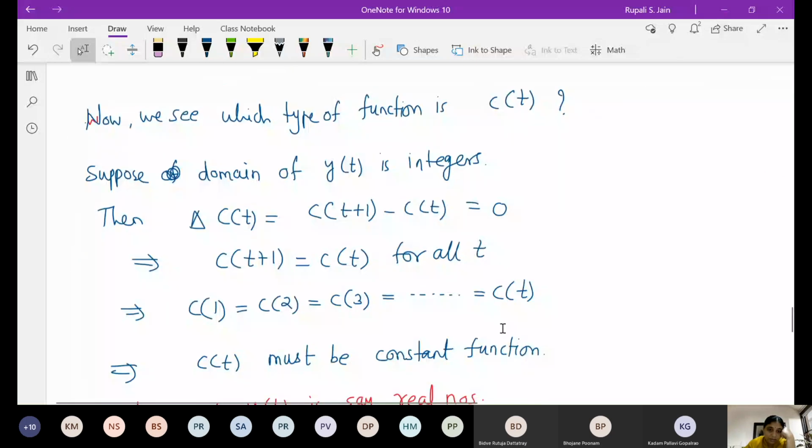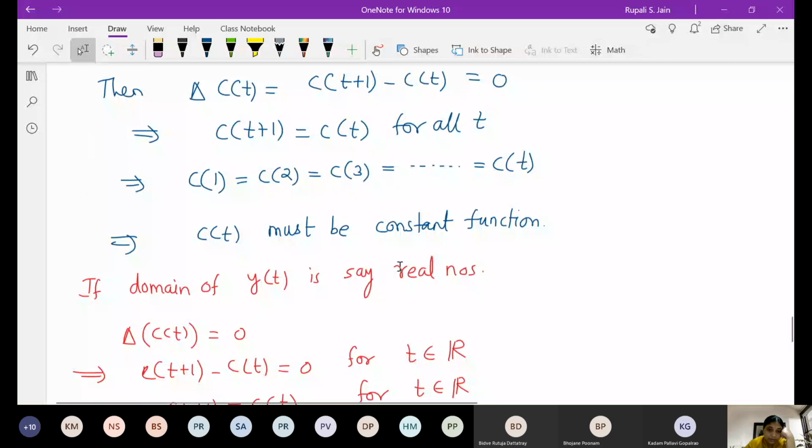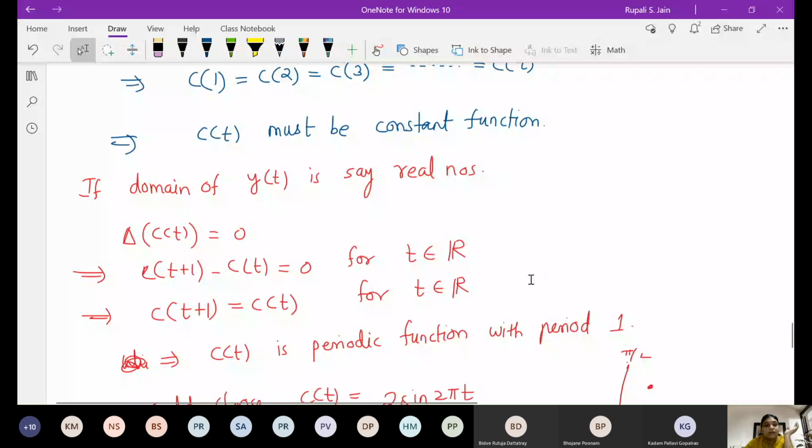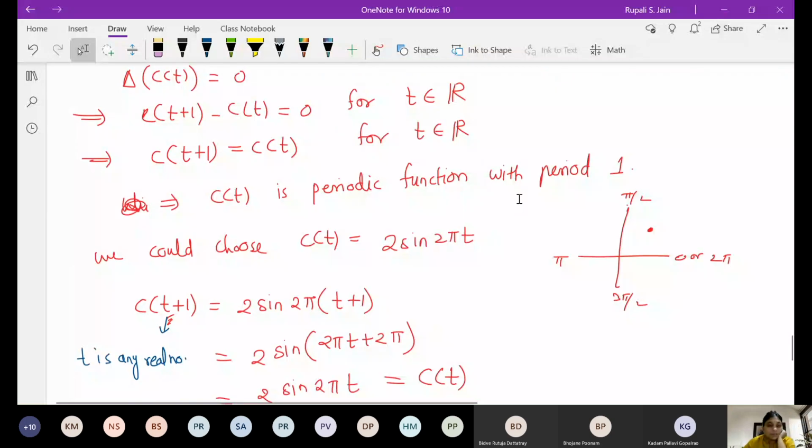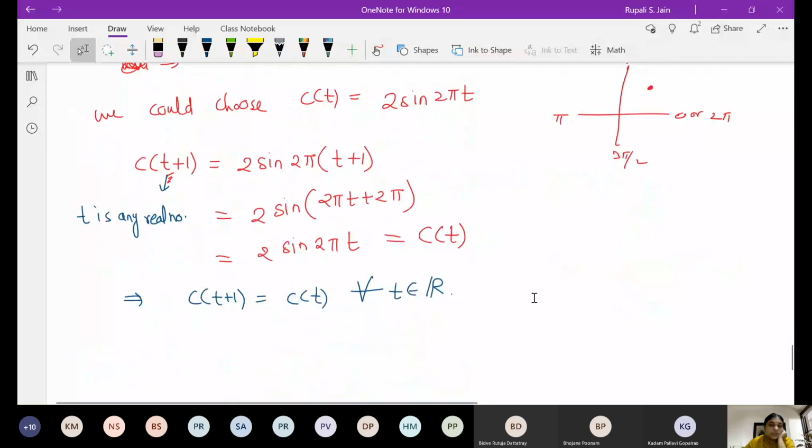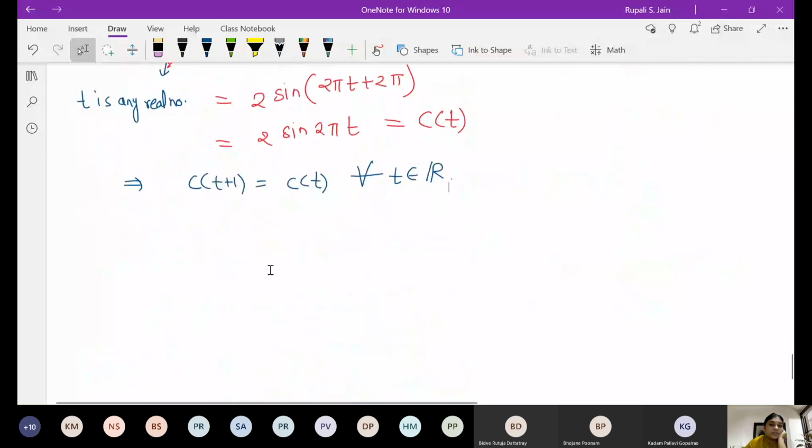But if it is not integers, it may be real numbers, then it may be some periodic function with period 1. Is that okay? So instead of c, we are writing a function of t. Always, whatever the indefinite sum, we will add this c of t where delta c of t is equal to 0. Is that okay? Yes, ma'am.